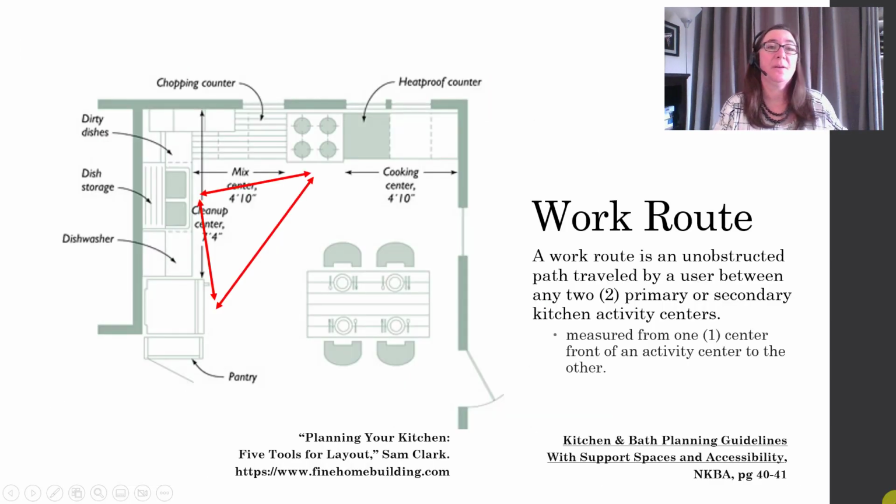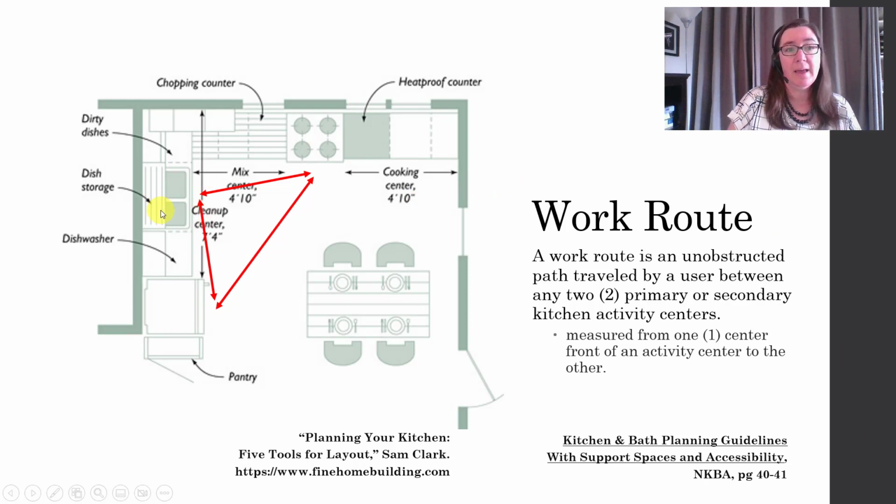The other concept that you can use to analyze your kitchen design is called work route. A work route is an unobstructed path between any two kitchen activity centers, from one activity center to another. So if we look at this same kitchen example, we can see our three major centers.